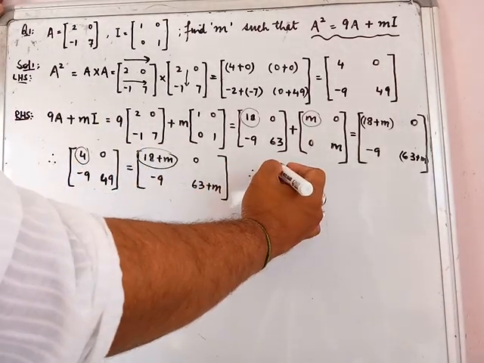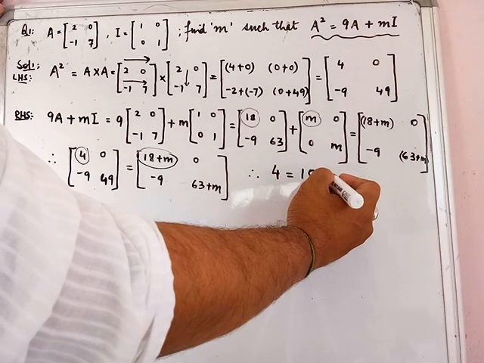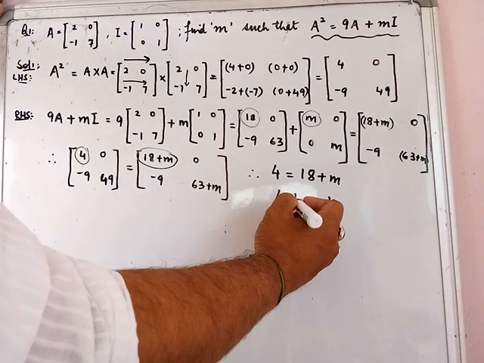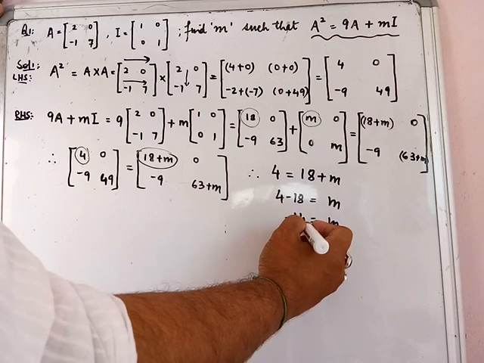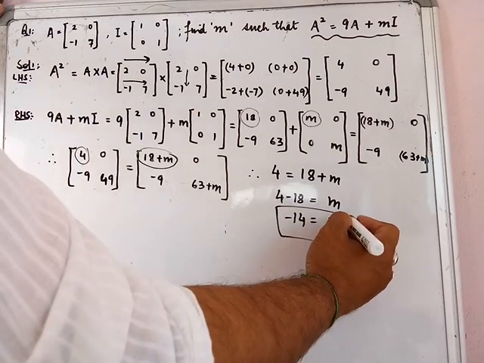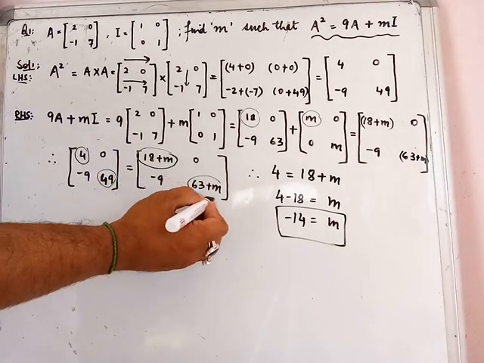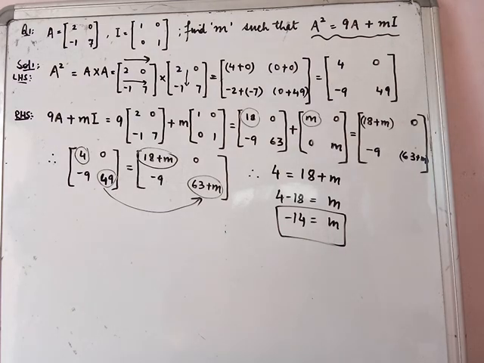Therefore we can write 4 is equal to 18 plus m, which gives you the m value as 4 minus 18. So you come out with a value of minus 14 for m. If you want, you can equate this entry with this entry also, you will get the same answer. Clear?